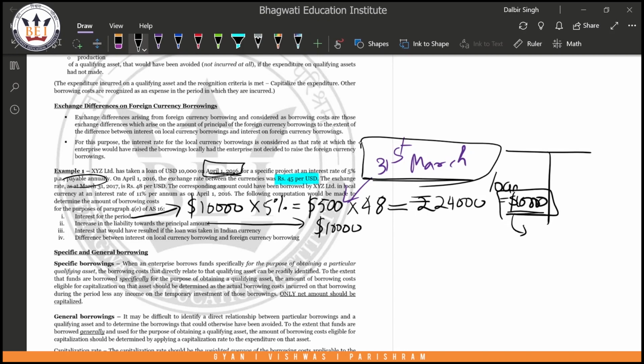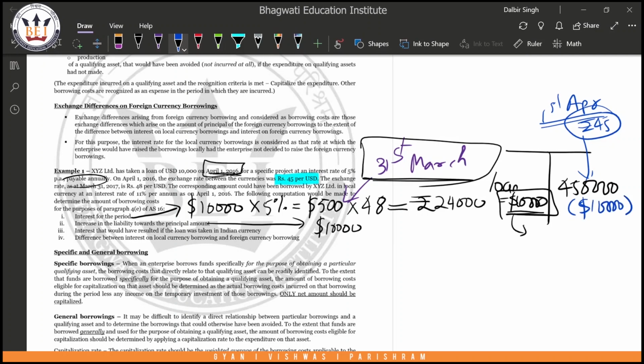Now I had recorded this at say 4,50,000. That was the value I recorded this at. This was recorded on 1st April. Now on 1st April, the dollar rate was rupees 45. So this correctly showed that my loan is $10,000.